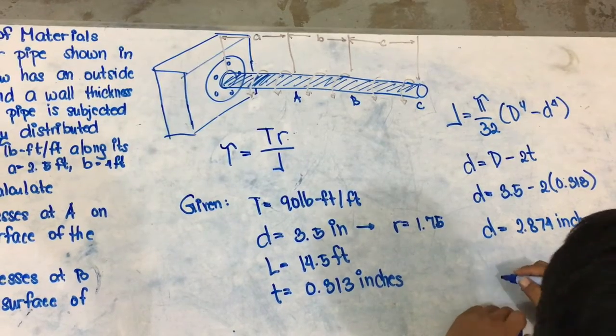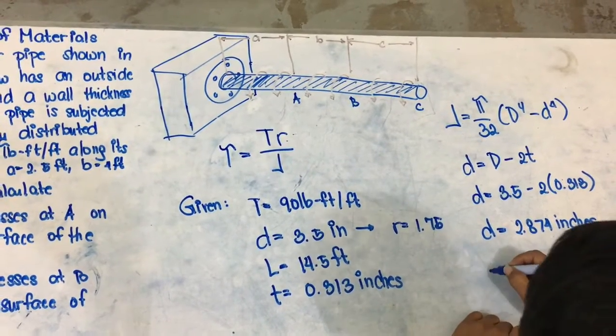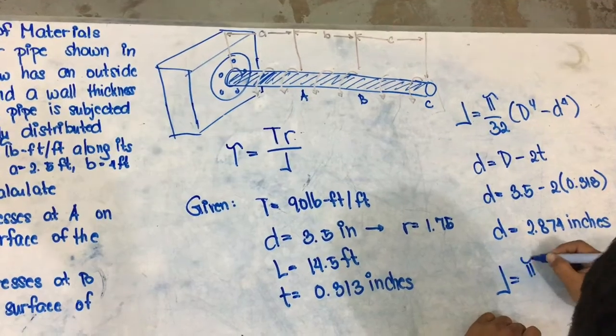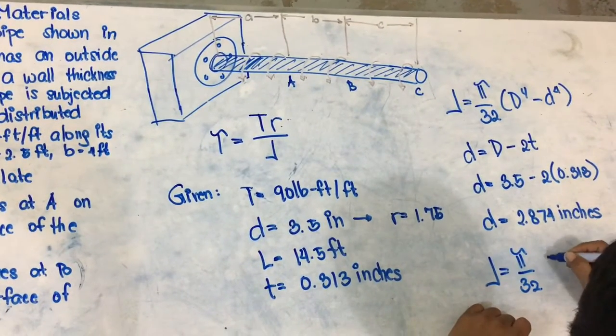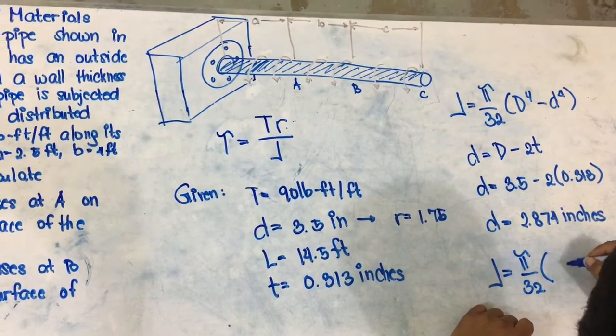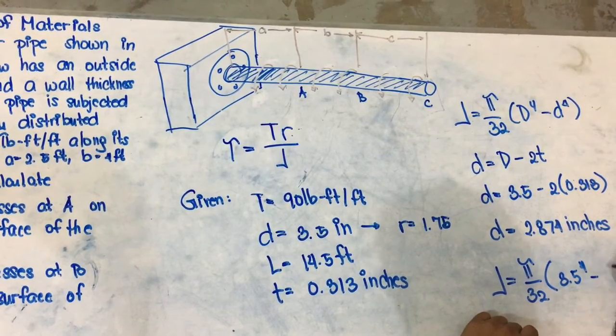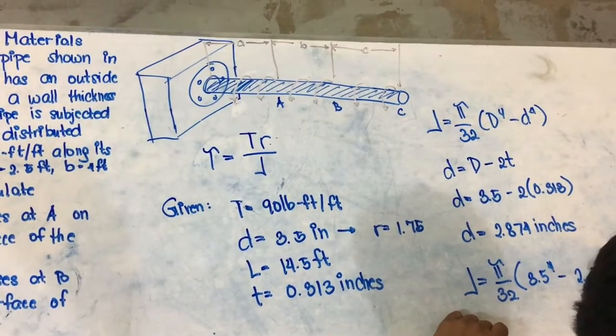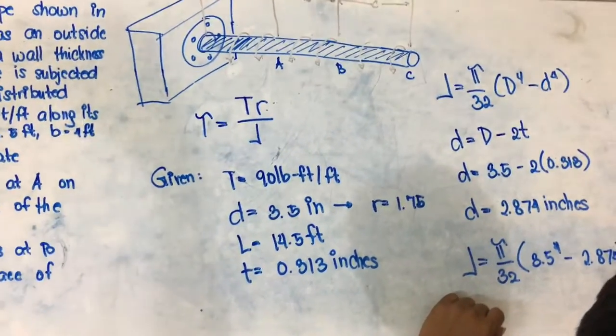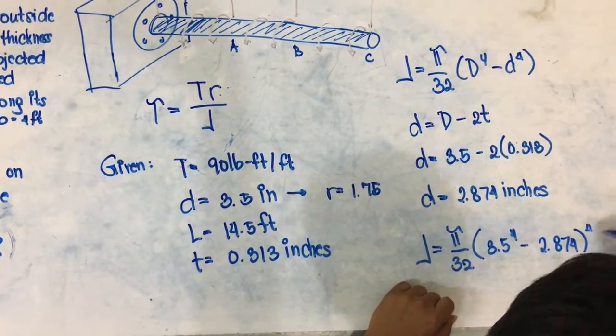Now we can solve the polar moment of inertia: J is equal to pi over 32 times 3.5 raised to the power 4 minus 2.874 raised to the power of 4.